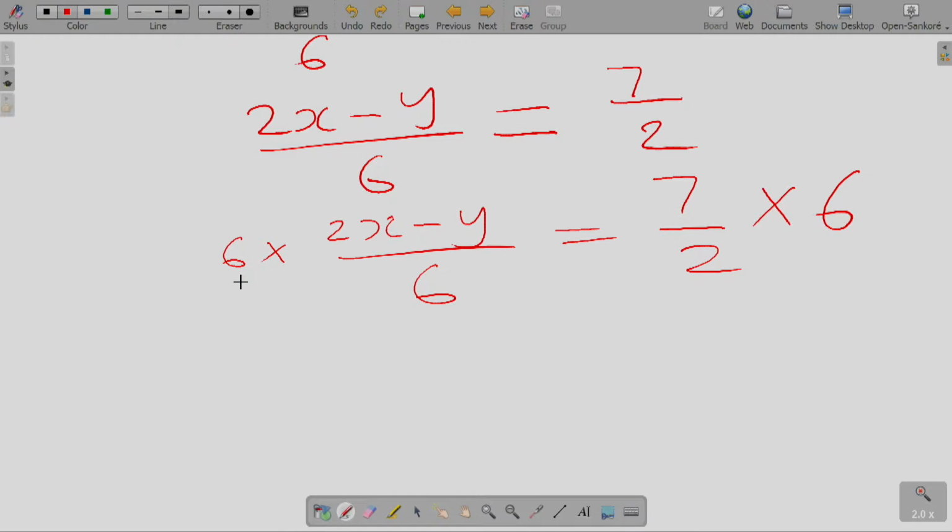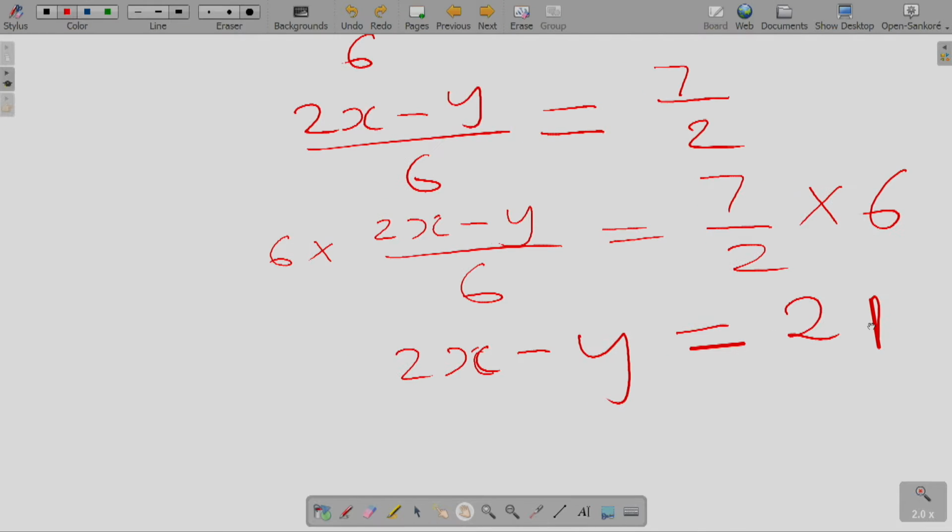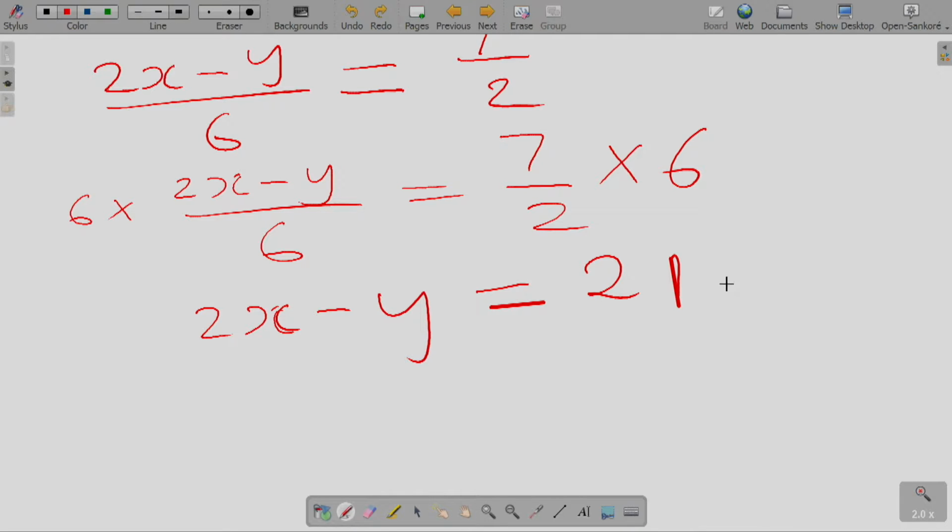This 6 and this 6 will be cancelled out, so it will remain only 2x minus y equal to 7 over 2 times 6, so we'll get 21. So we got a new equation. Let's call it equation number 4.